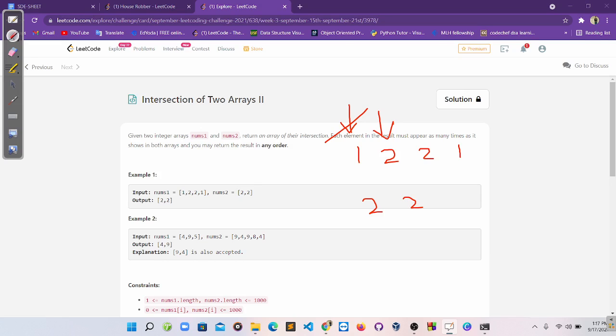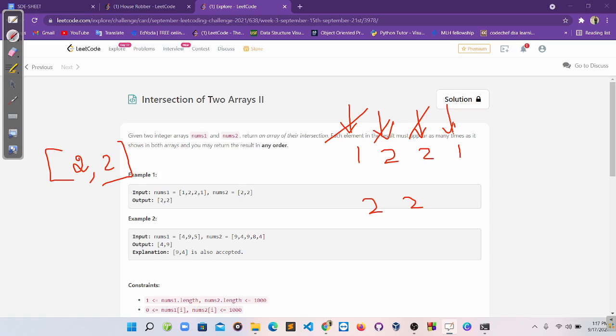Yes, 2 is present, so we create an answer array where we store our answers. Now we check if the next 2 is present. It says yes, so we add 2 again. Now 1 is not present in this array. So this is our answer, right?